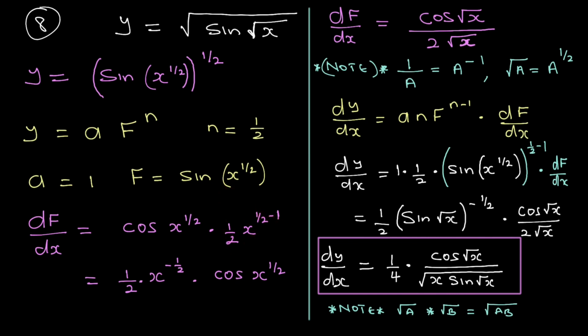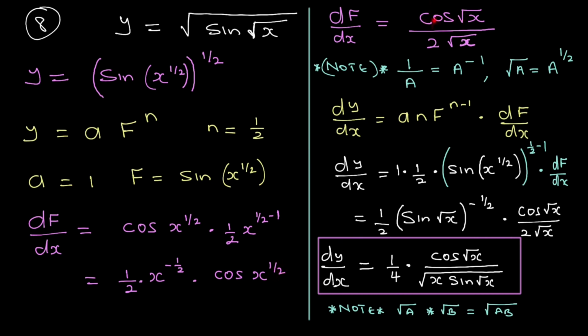And that gives you a half times x to the power minus a half times this one here, cos x to the power of a half. But this is cos root x, because x to the power of a half is root x.